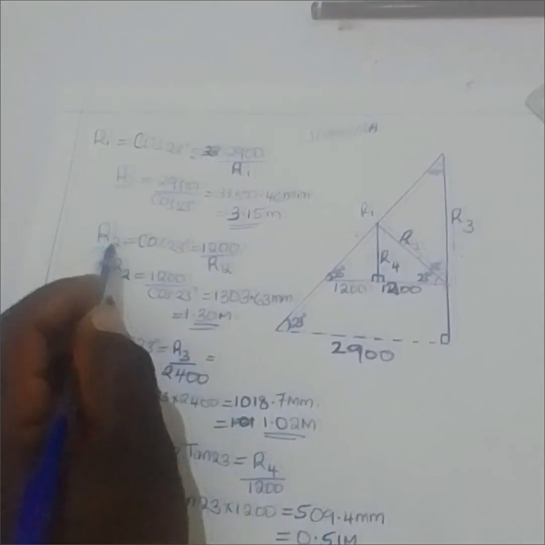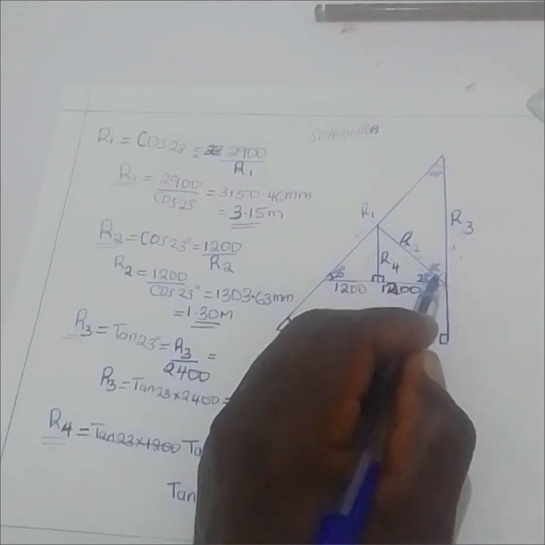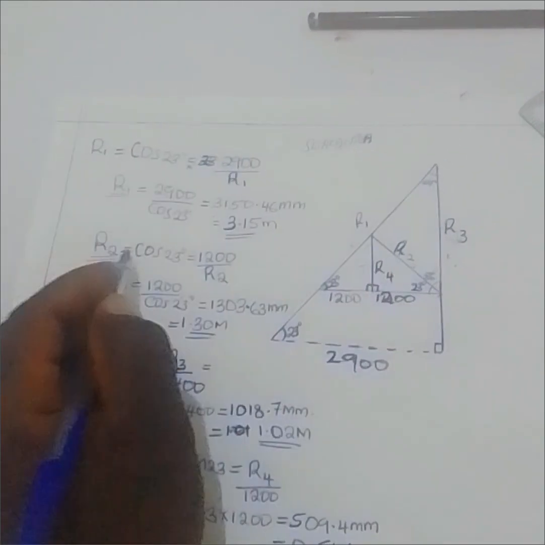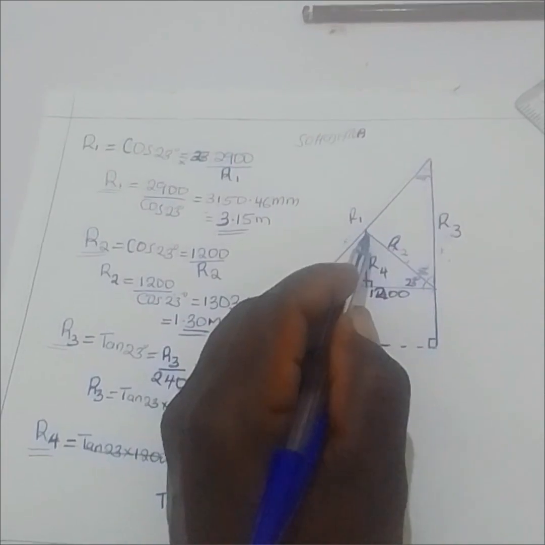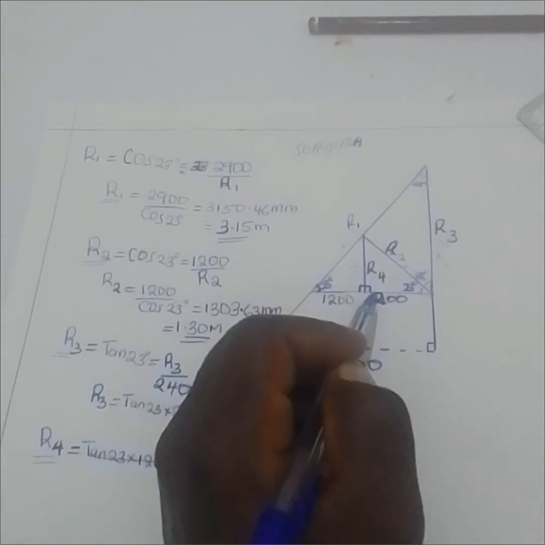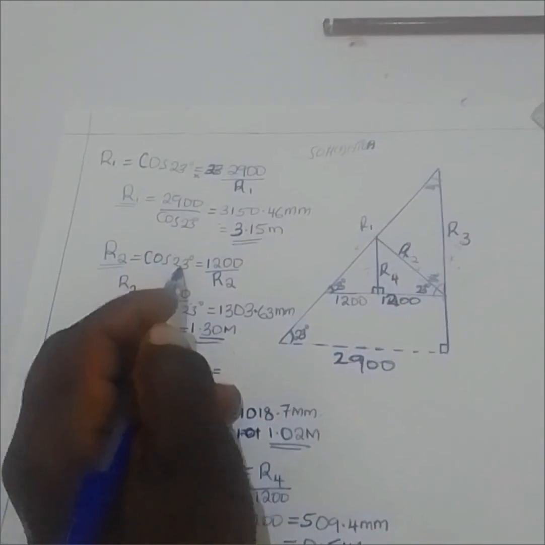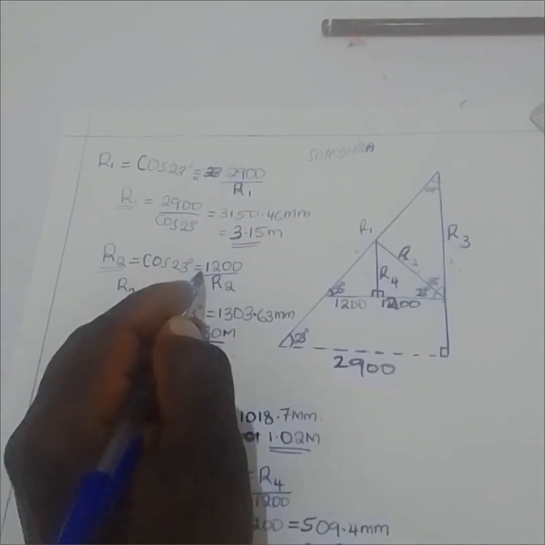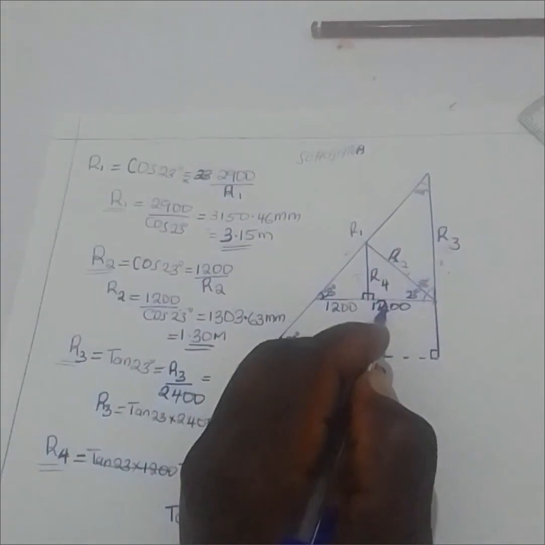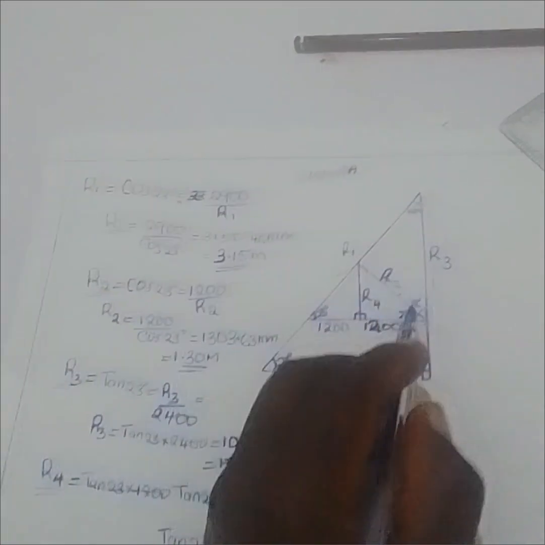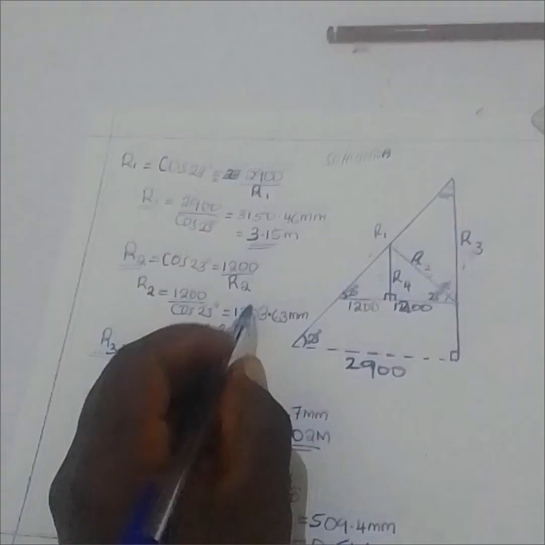We come to R2, which is the length of strut. It will be hypotenuse all over adjacent. So here we use the cos. Cos 23 is equal to adjacent, which is 1200, all over R2, which is the hypotenuse.